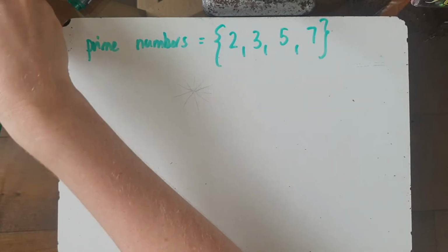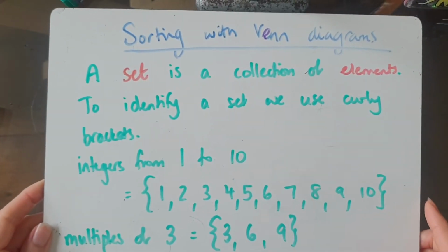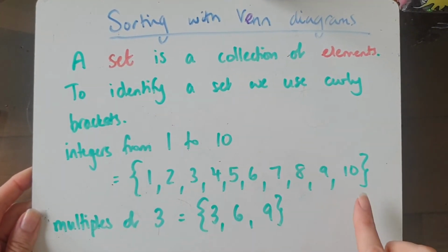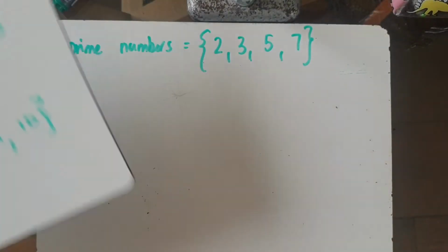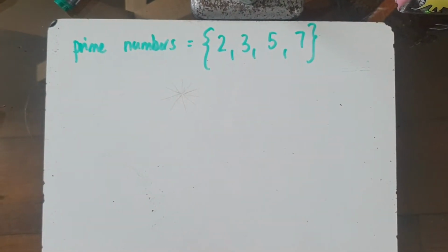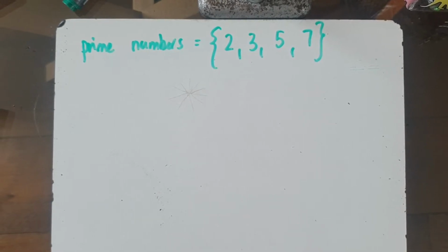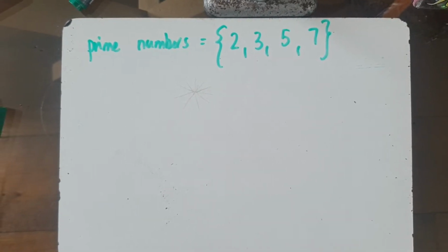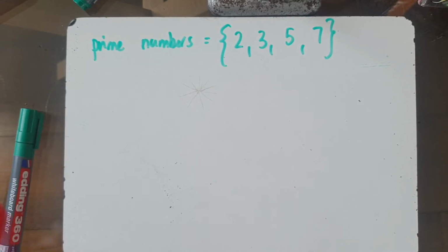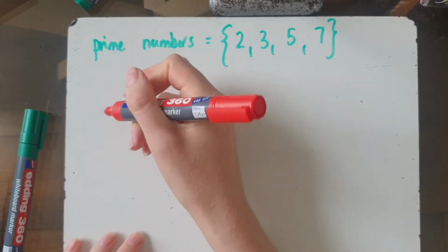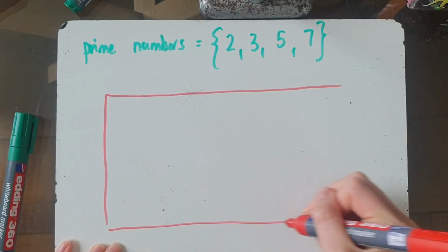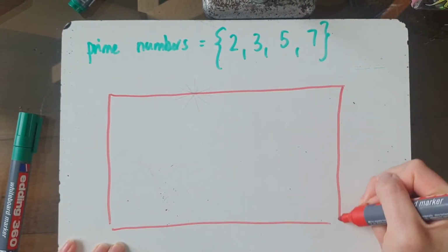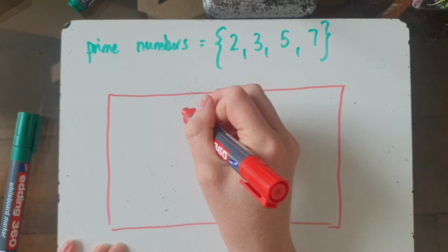Now what we can do is sort the integers from 1 to 10 into the two sets, multiples of 3 and prime numbers, and any remaining numbers in a Venn diagram. For a Venn diagram, some people forget that you have to draw the box as well as the circles.